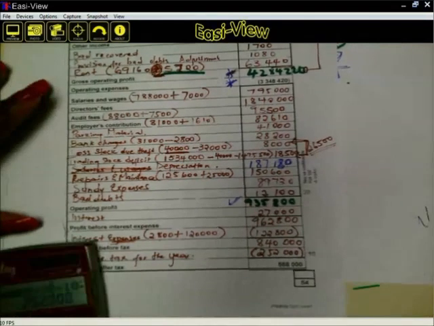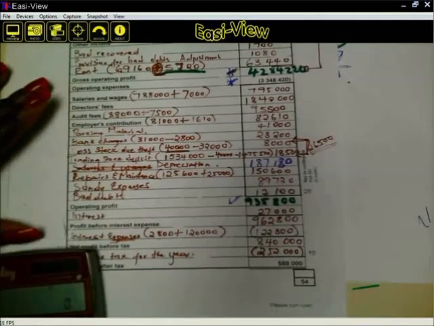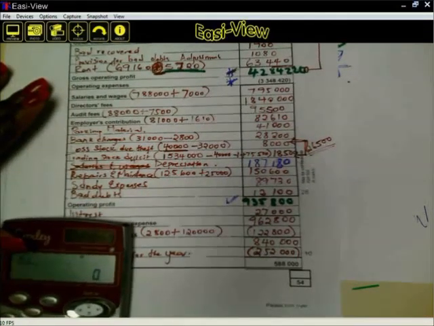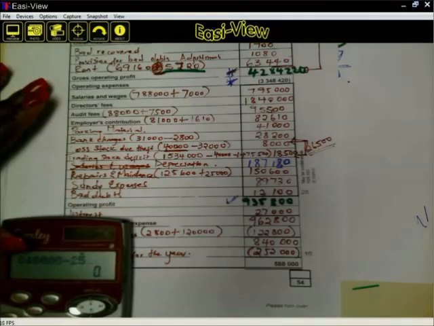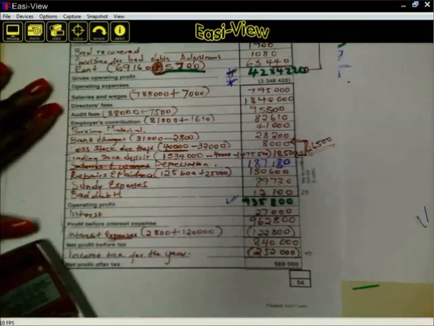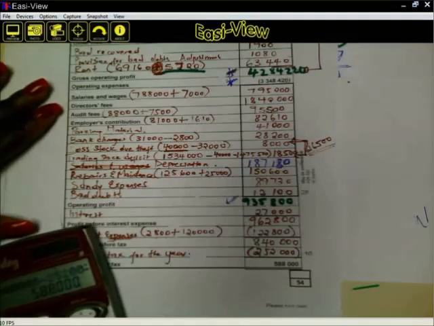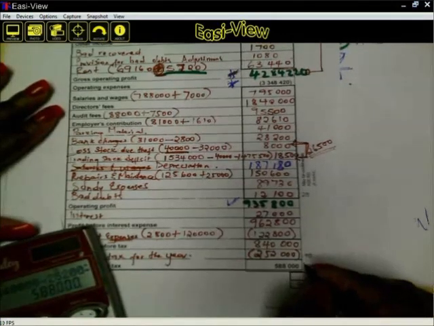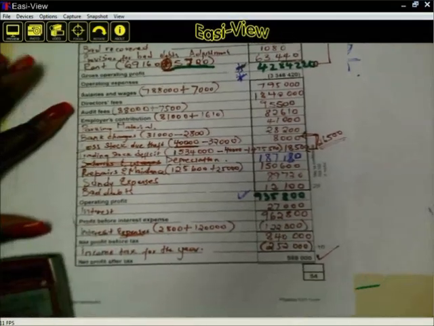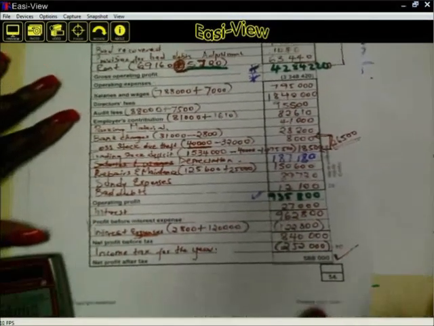Let us just confirm if it amounts to that. We must say 840,000 minus 252,000. Then we are going to have 588,000 as our net profit after taxation.